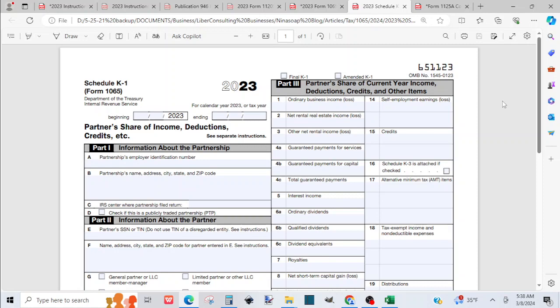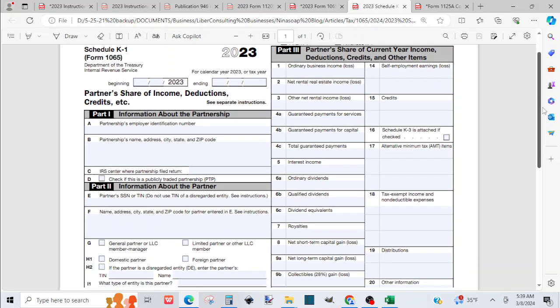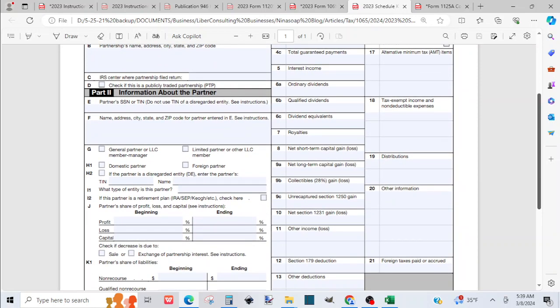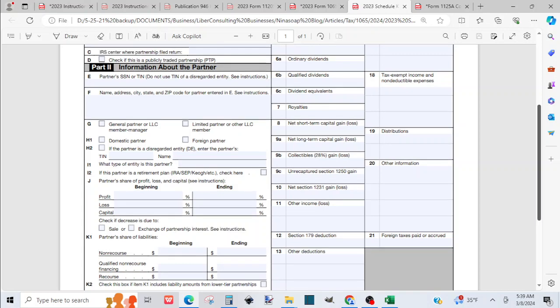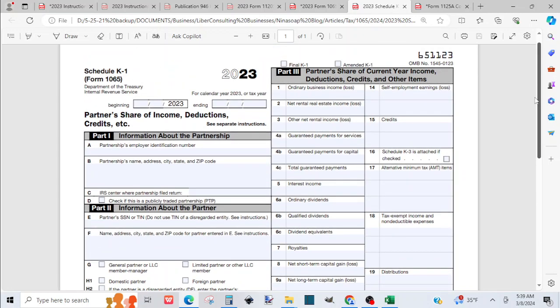However, you can add an attachment to mention that it is a passive activity for that partner, so that when that partner is filing 1040, that partner will be able to select the right spot for that number, whether that partner materially participates in the business or not. So the software the partner is using to file his or her 1040 will be able to put that number in the right spot.